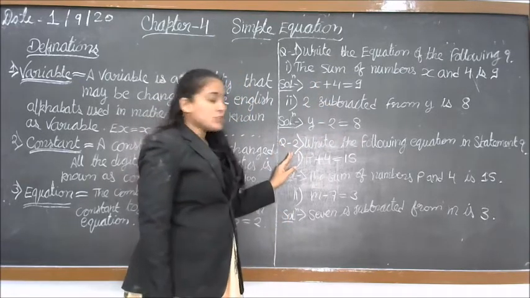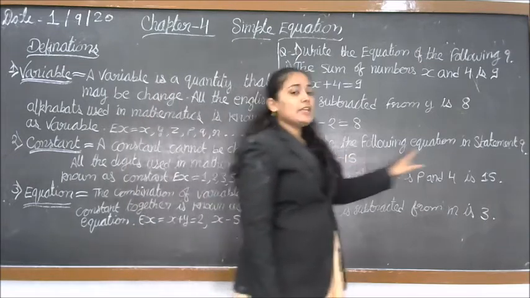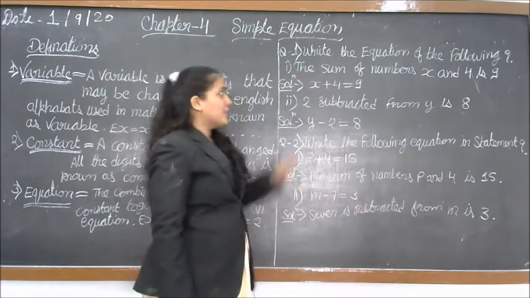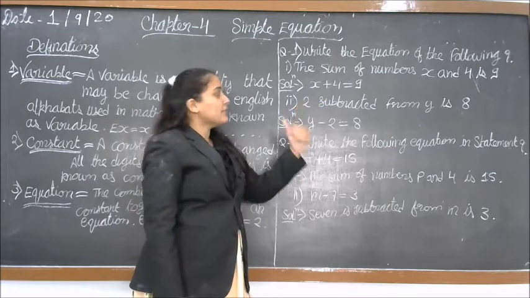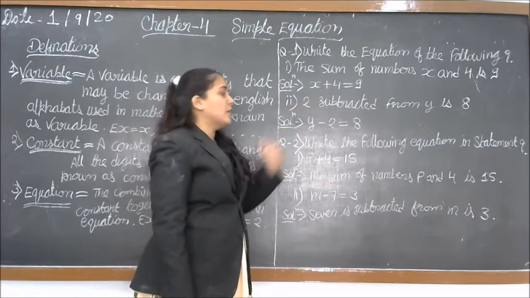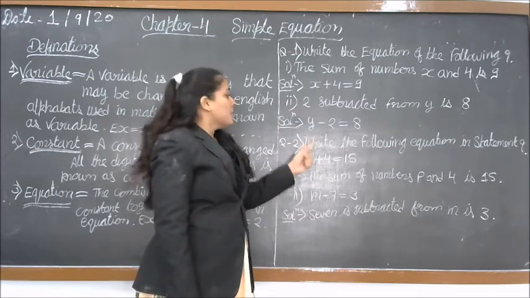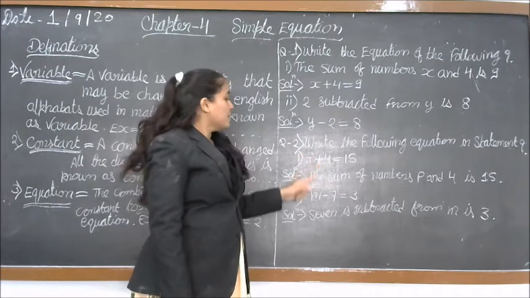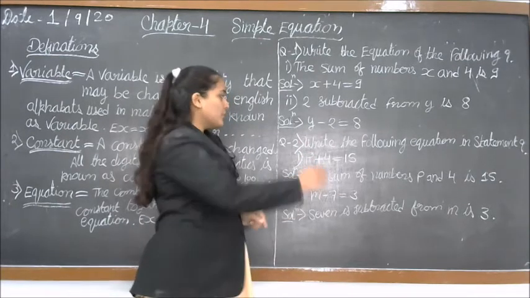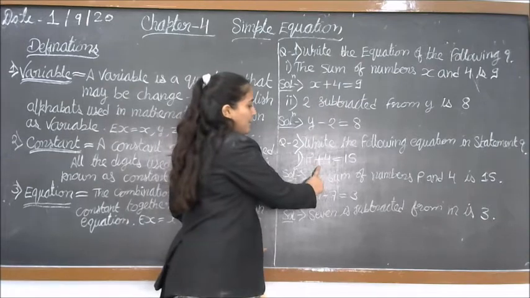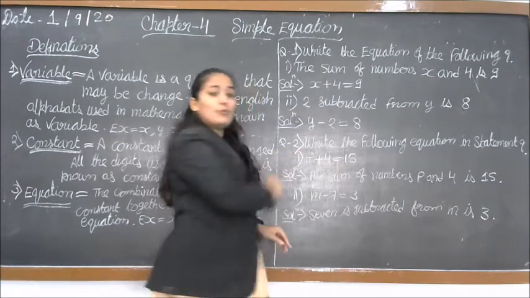Next, second question. Write the following equation in a statement. In the first question, a statement was given and we had to write the equation. In the second question, the equation is given and we have to write it in statement form. First equation, p plus 4 equal to 15.